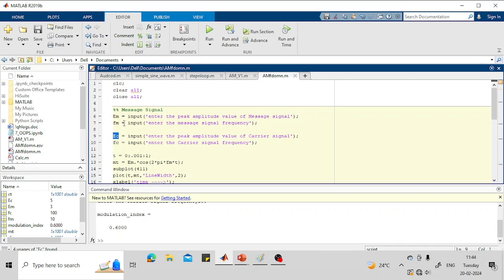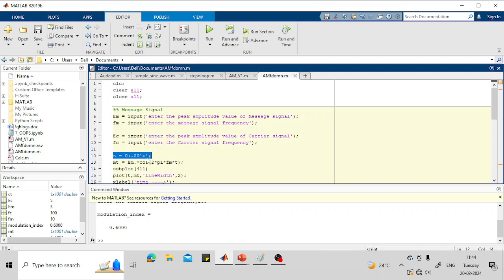After having the message signal amplitude and frequency, and the carrier signal amplitude and frequency, we have to define time. The question arises, what is the time definition required for? Because in order to plot our message signal or carrier signal, a time axis has to be there, because based on time as an independent variable, we can find the values of c(t) and m(t).